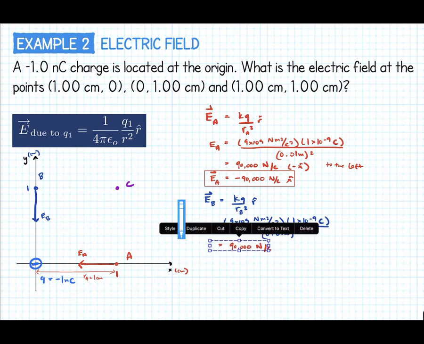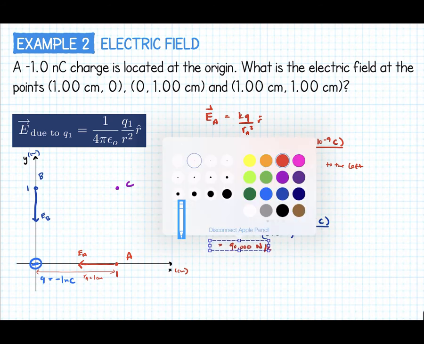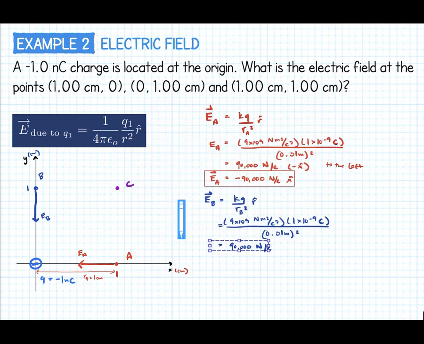So our answer over here should be the same. But the thing that's different in this case is that this is going to be in the negative y hat direction. And so that's our EB. Okay, so that's EB.